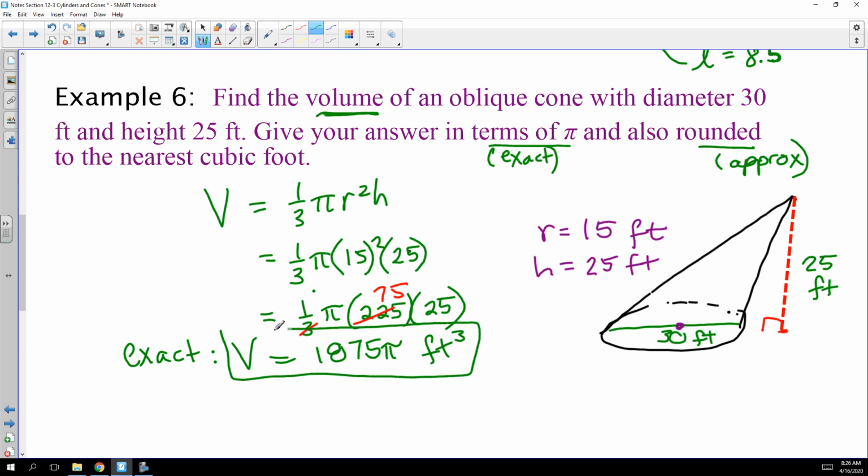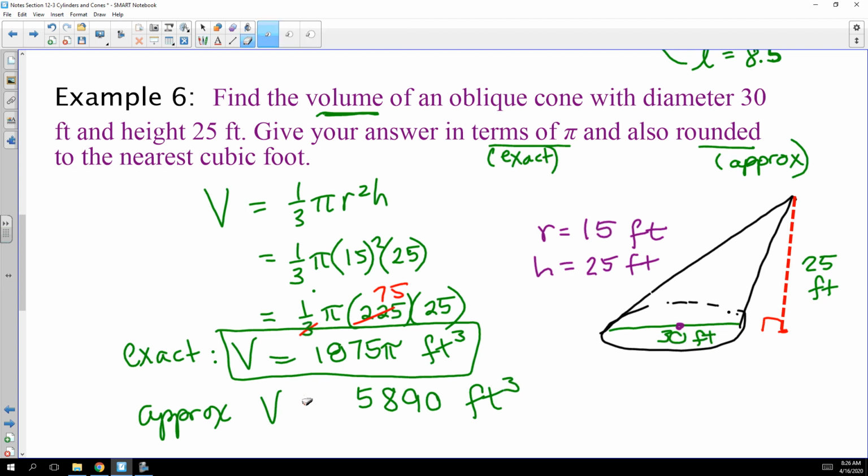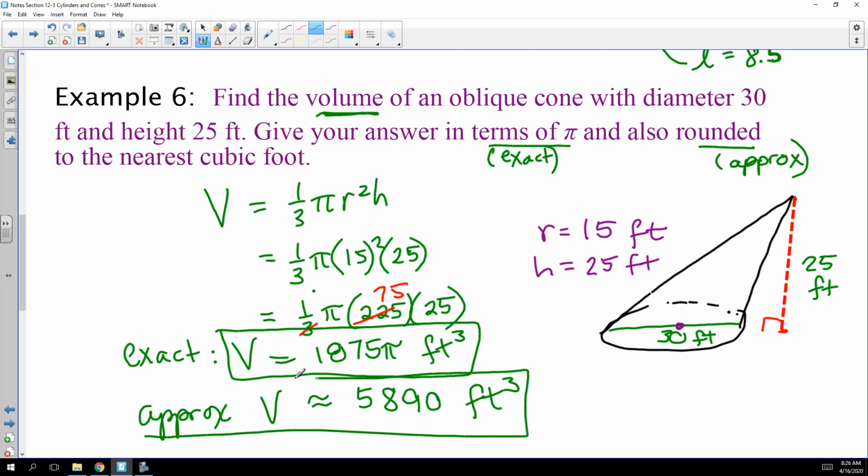And when you want to approximate it, just multiply that 1875 times pi. And the volume is approximately 5,890 cubic feet.